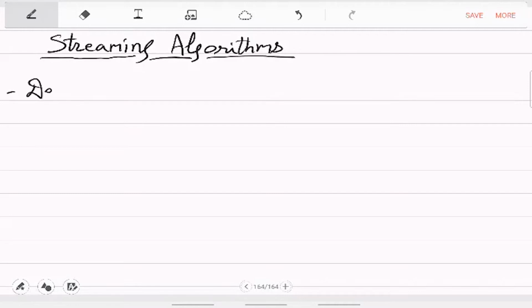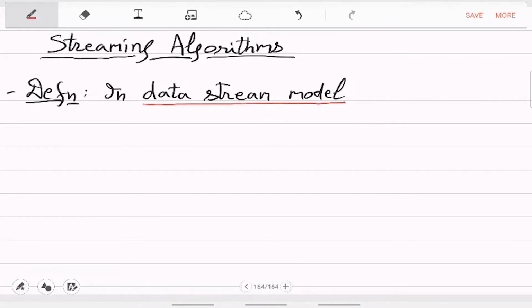So let's make it mathematical. In the data stream model, there is an input stream, we will call it sigma. It is a very long sequence of bits that you cannot completely store.